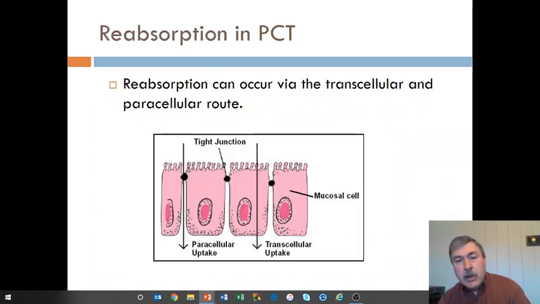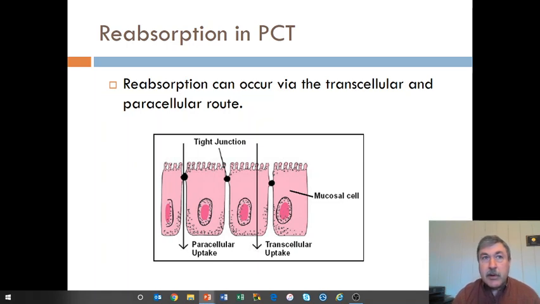So, what we're looking at here next on the screen is a cross-section through part of the wall of the proximal convoluted tubule. And so this area up above here would be the hollow portion of the tubule, which would be called the lumen of the tubule. On the other side of the lumen, this would be the interstitial space of the kidneys where the peritubular capillaries are located.